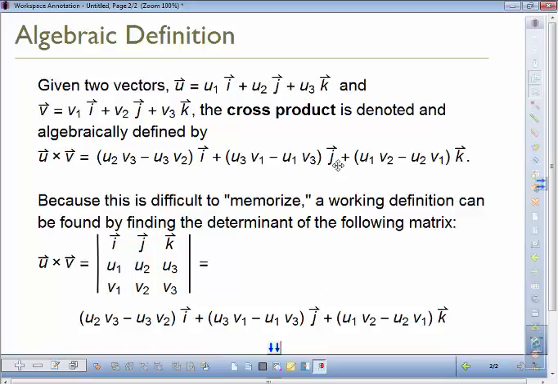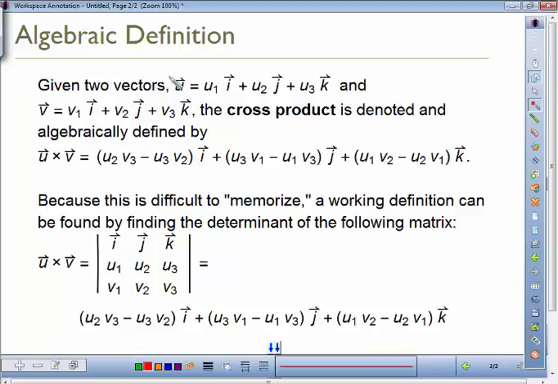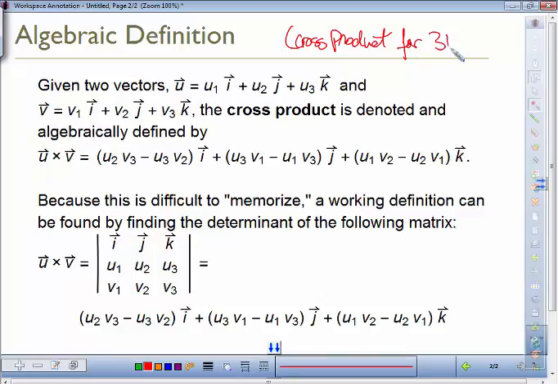You can imagine going down to 2D, and we'll talk about cases where we might look at a two-dimensional cross product. But in general, cross products are for three-dimensional vectors.